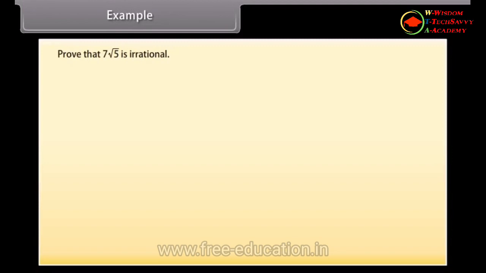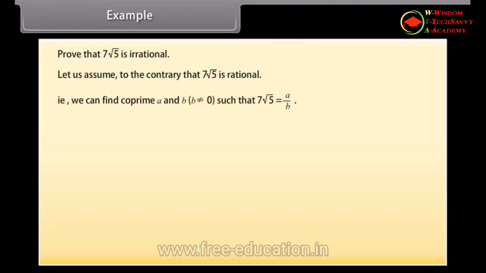Example. Prove that 7 square root 5 is irrational. Let us assume to the contrary that 7 square root 5 is rational. That is, we can find coprime a and b, where b is not equal to 0, such that 7 square root 5 is equal to a upon b. Therefore, a upon b times 7 is equal to square root 5.